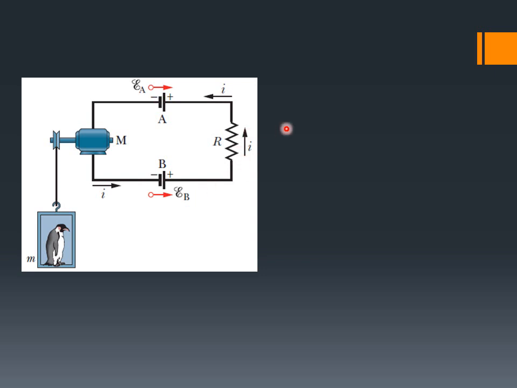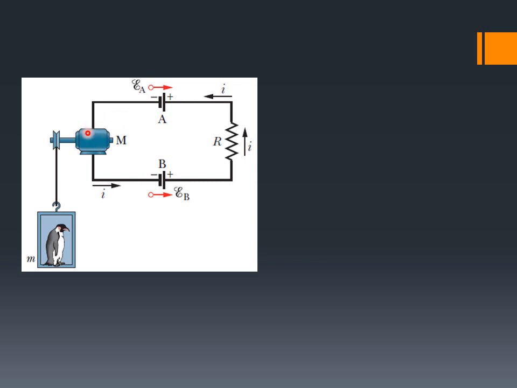So a part of the potential difference of B dissipates here in the resistor R, and a part of the EMF of B charges battery A, and the remaining one comes here to the motor, where mechanical work is done. Here is a motor.